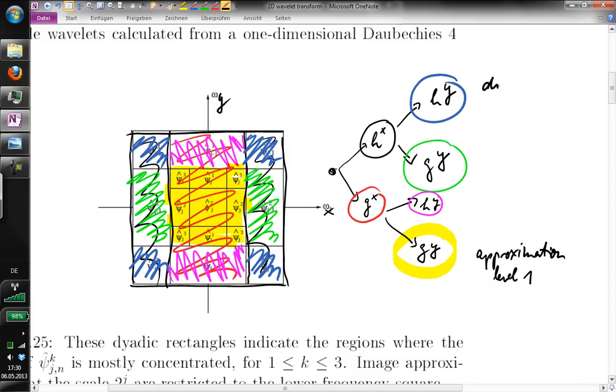These would be the diagonal details. These would be the horizontal details. And these would be the vertical details. All at level 1.